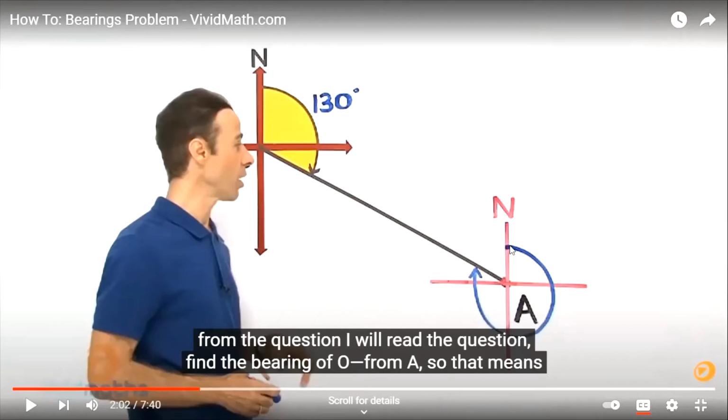Well, do we know what the total rotation is? The total amount of angles in a circle? What are the total amount of angles about a point in a circle? What's the total? Anybody remember?